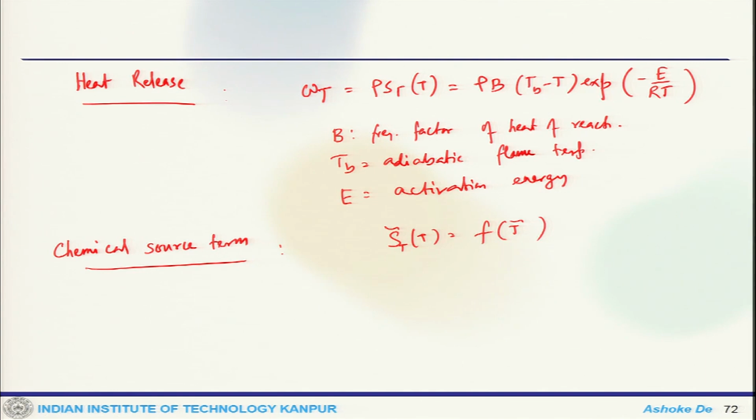Now, this temperature, which has been widely accepted, we can decompose into two components, T and T fluctuation. So we can use our Taylor series expansion.